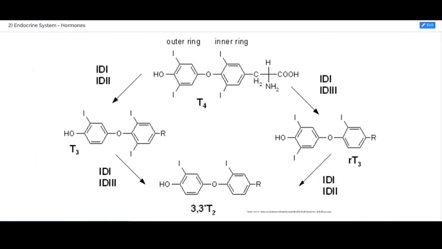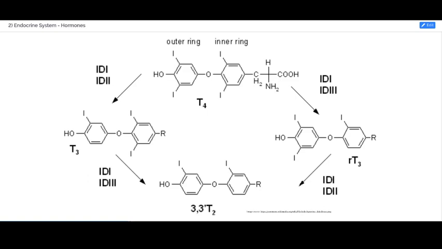A special example of an amino acid derived hormone, or two of them actually, are the thyroid hormones, T3 and T4. Now, you can see in these various versions of the hormones that there is the same six-sided ring structure that we saw in norepinephrine, which, like I said, comes from tyrosine.